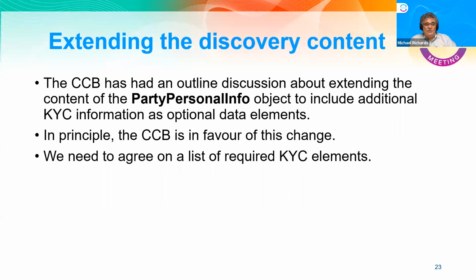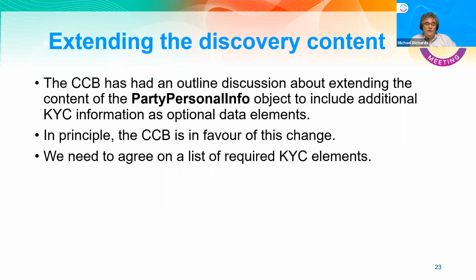Now, we've had an outline discussion about this in the Change Control Board, extending the content of the party personal info object to include the optional data elements. In principle, the Change Control Board is in favour of this, but we need to agree on a list of the required elements as shown above, and we think that will then be able to go ahead.